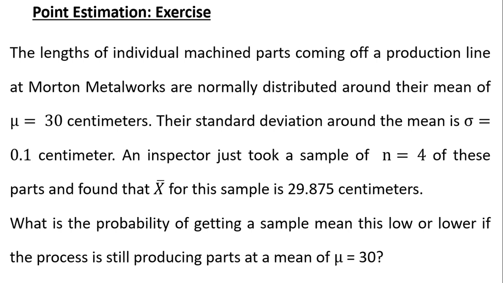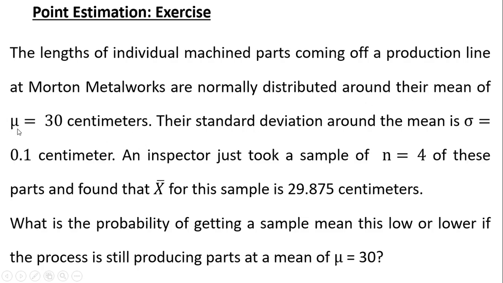We've treated this in our previous class. Also, this is an example of an exercise on point estimation. We look at the length of an individual machined part coming off a production line, said to follow a normal distribution, and the mean is about 30 centimeters.